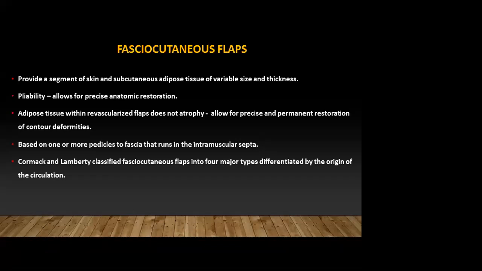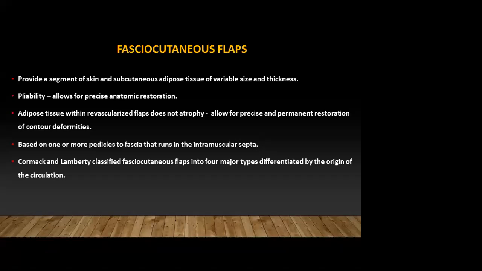The adipose tissue within the revascularized flaps does not atrophy. So this will also allow for precise and permanent restoration of contour deformities. And this is basically based on one or more pedicles to fascia that runs in the intermuscular septa.